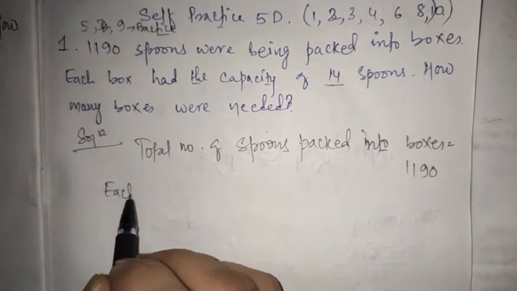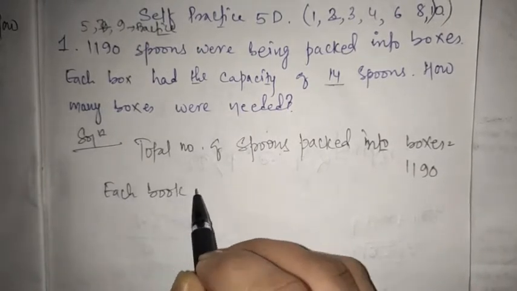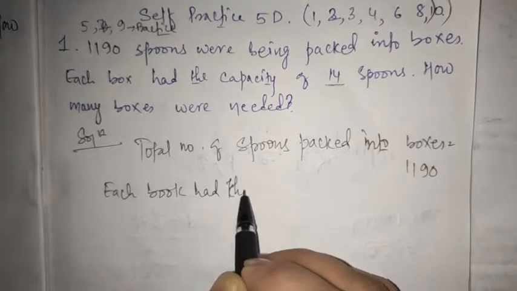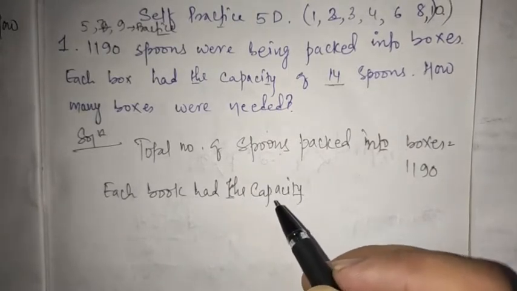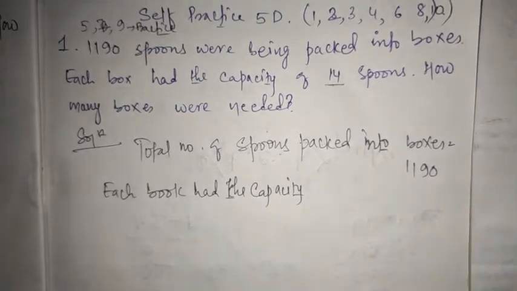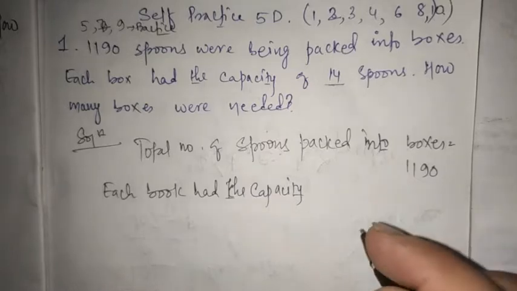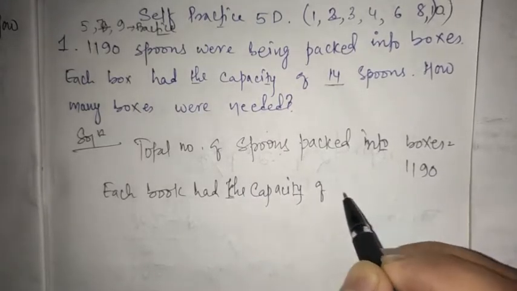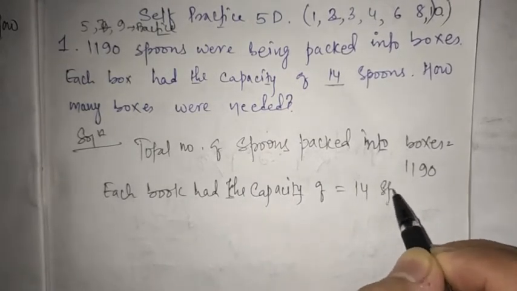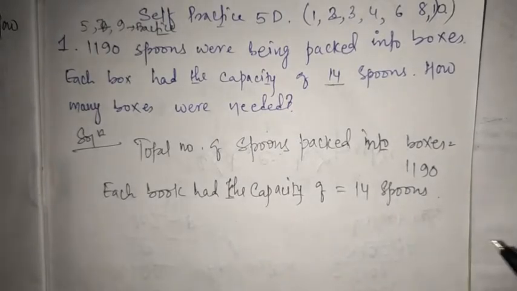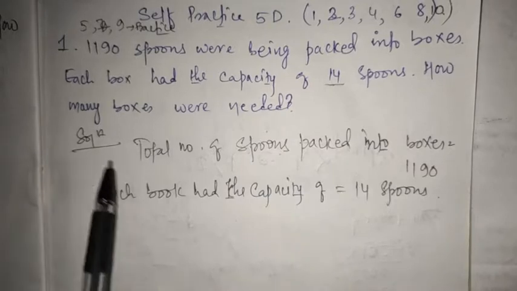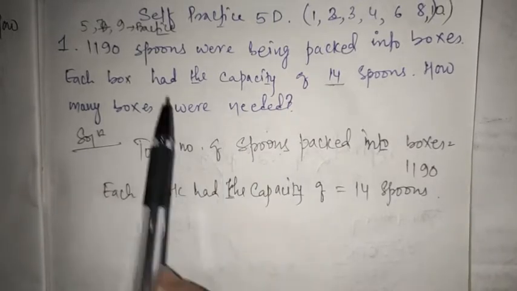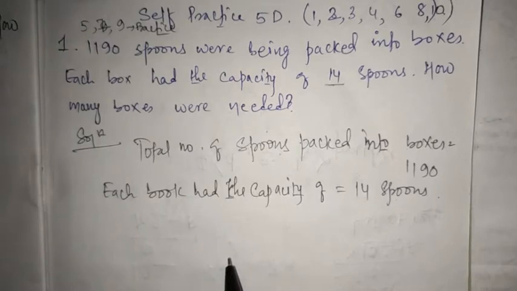Each box had the capacity of 14 spoons. So students, whatever is mentioned in the question, I am using only that statement. I am not using any extra statement here. So 14 spoons each box can hold. So how many boxes were needed to hold all of this?